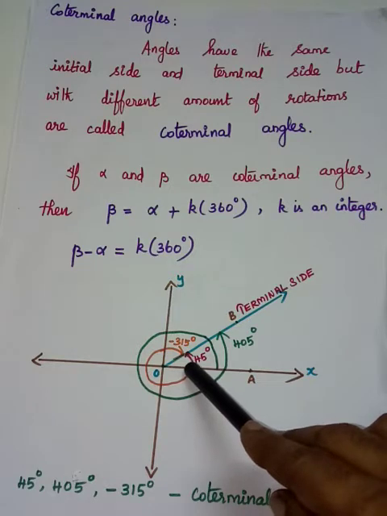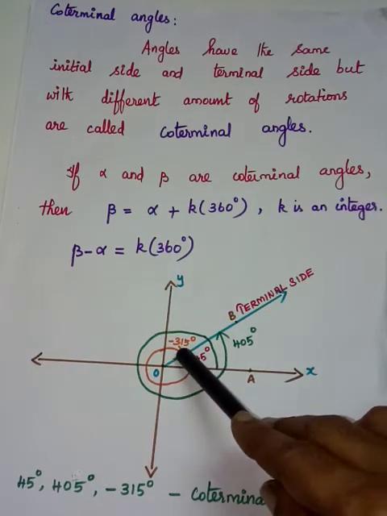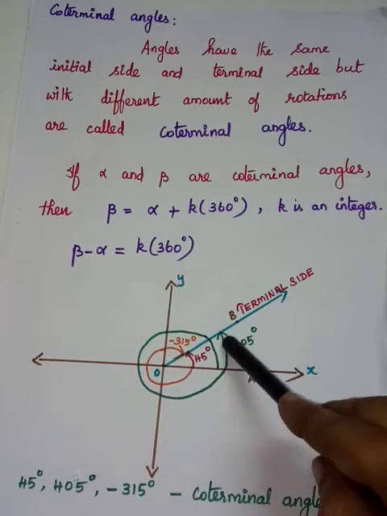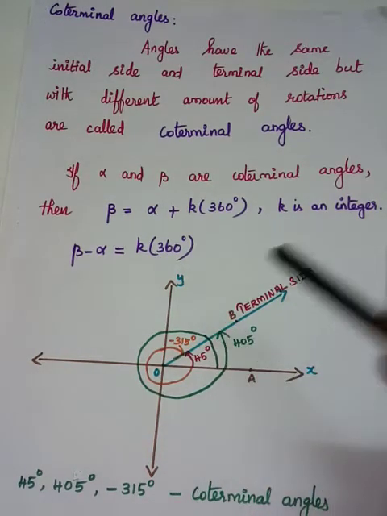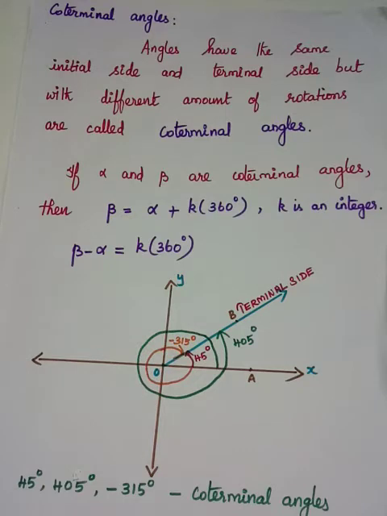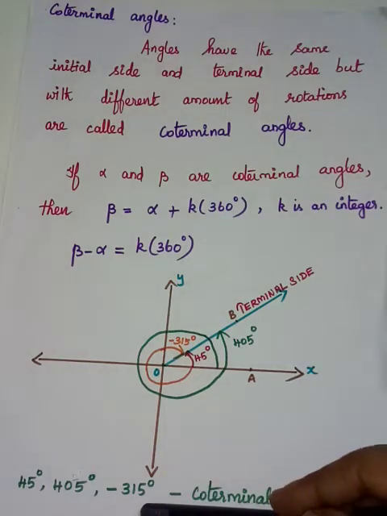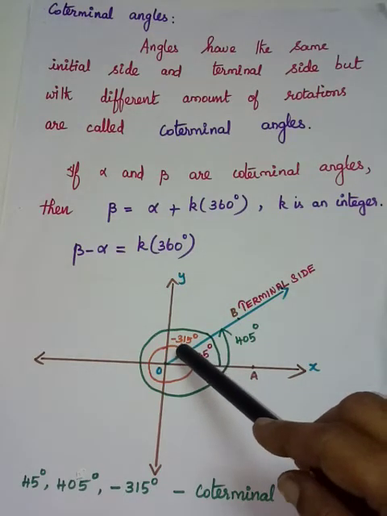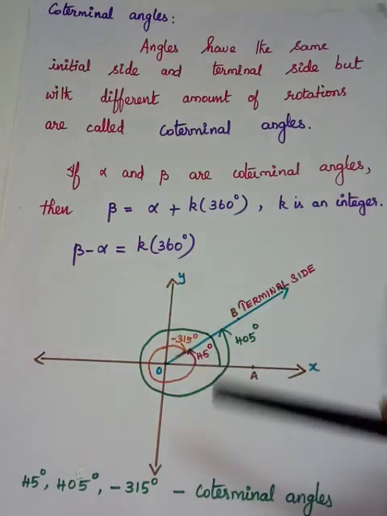See the amount of rotation, this much is for 45 degrees. 405 degrees goes after making one complete rotation and up to here. So these two are coterminal angles. Consider the negative angle -315 degrees. The angle is negative, so it has to move in the clockwise direction.